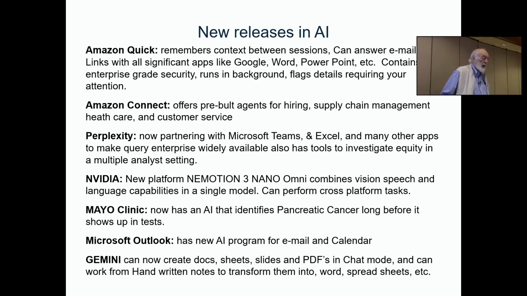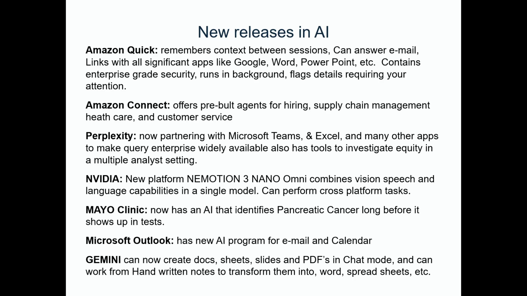There are a bunch of new releases. Amazon Quick remembers context between sessions. I frankly don't like that, and there is a way around it: if you tell the AI that this is a confidential session, it will not upload.